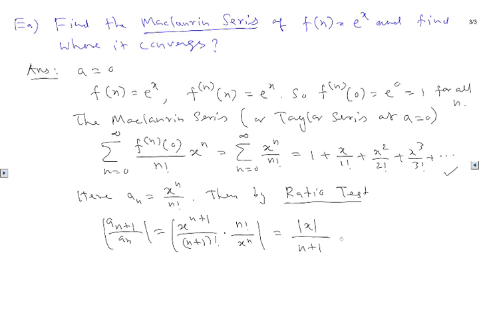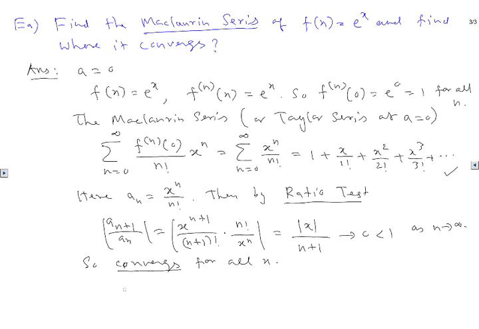That's it. So you know that this goes to 0, which is less than 1, as n goes to infinity. So that means it converges for all x. By the ratio test, we know that it converges for all x. Why? The limit is 0, so whatever x you put in converges.